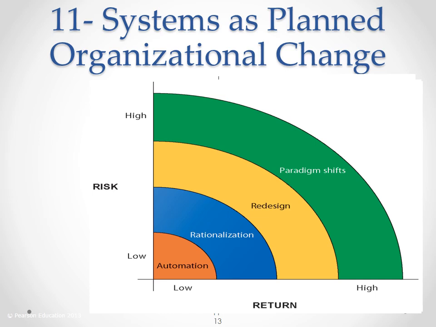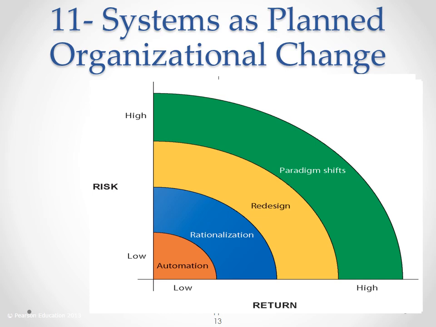Rationalization of procedures is often found in making a series of continuous quality improvements in products, services, and operations, such as total quality management and Six Sigma. Here the risk is medium, and at the same time the return of this change is not very high. We can consider it medium.